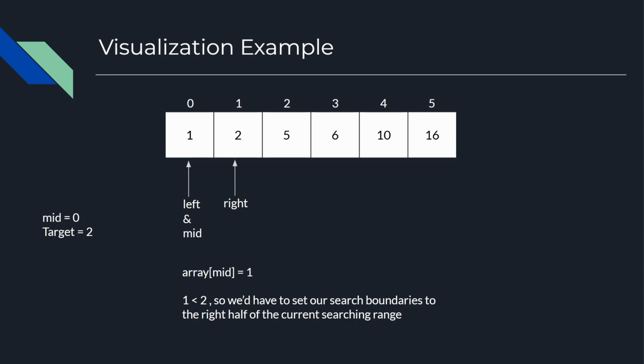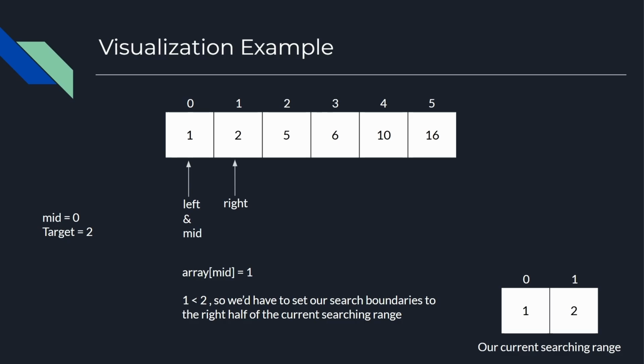Whenever we compare it to our target, we can determine that we will be searching for our target in the right half of our current searching range. We have to keep in mind that our current searching range refers to the portion of the array starting from left to right.